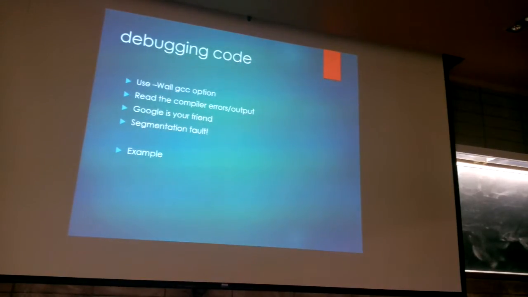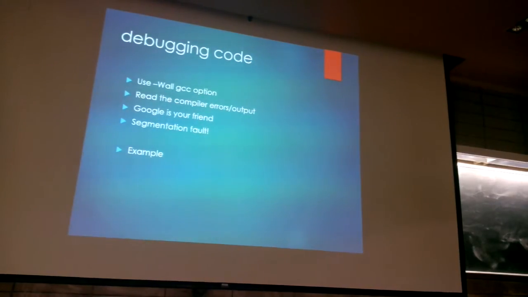It'll tell you line 15, character 1, expected semicolon or colon or something before this printf statement. It's because you didn't put a semicolon on your statement 2 lines ago. Anyways, read the errors. They're usually pretty descriptive, and after you see your error, you're like, oh, I get what they meant. And if you don't get them, use Google.